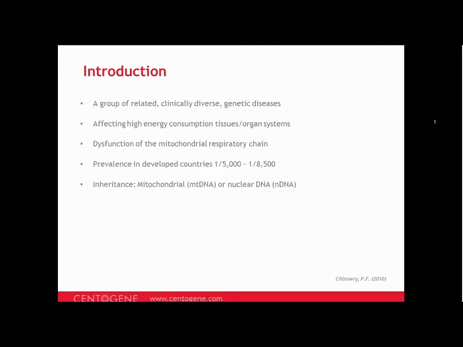Prevalence for mitochondrial disorders in developed countries varies, but as mentioned in several reports from countries like England, Sweden, Finland, and Australia, it is between 1 in 5,000 and 1 in 8,500. And the inheritance of the mitochondrial disorders depends on where the gene is located. It's either the mitochondrial genome, mitochondrial DNA, or the nuclear genome.